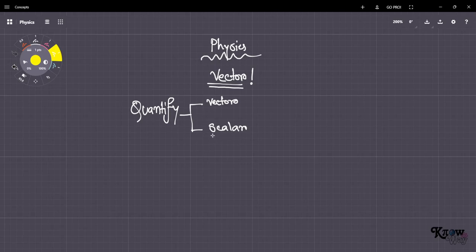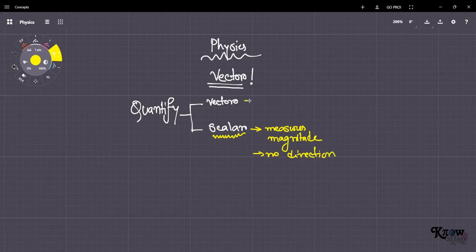From the words vector and scalar, what do we mean? Let's just take the word scalar. It has the word scale in it, right? So it only measures the measurement, or what we call in science terms the magnitude, only the magnitude, and there will be no directions involved whatsoever.